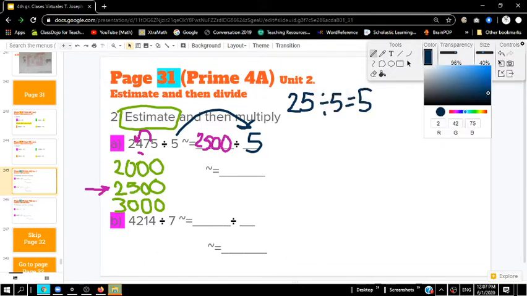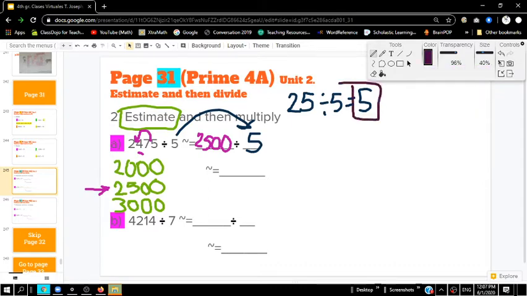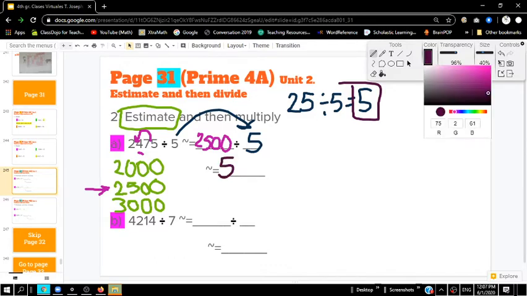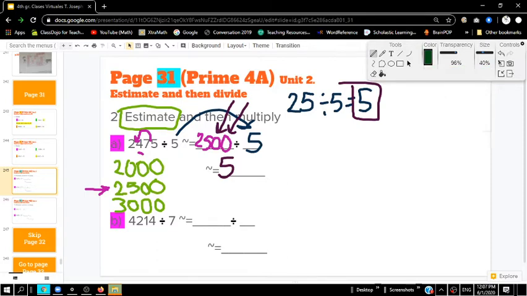So that 5 is going to be my base number, which I'm going to put in my problem. But I also need to look very closely at how many zeros are in my problem. We have 2 zeros in my problem. That means I'm also going to put 2 zeros in my answer.